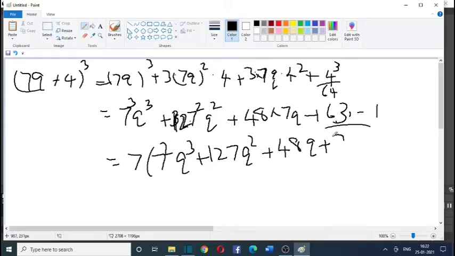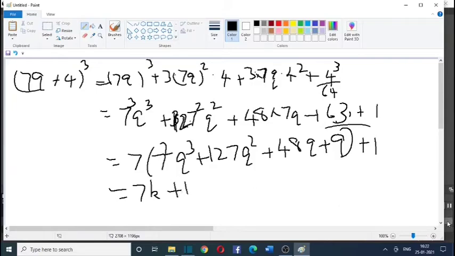Sixty-three is 9 into 7. So this is 9 minus 1, which is 63, so this is 63 plus 1. So this is 7k plus 1.